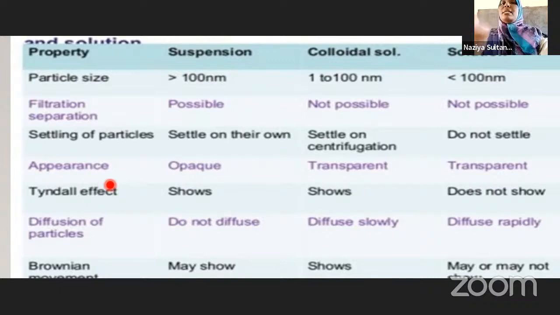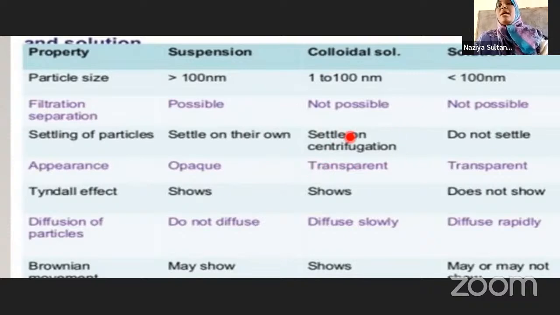Coming to the settling of particles. In the case of suspension, because the particle size is large, they are affected by gravity and hence the particles will settle down. Whereas in case of colloidal solution and true solution, the particles will not settle. The particles of a colloidal solution will settle provided we centrifuge it.